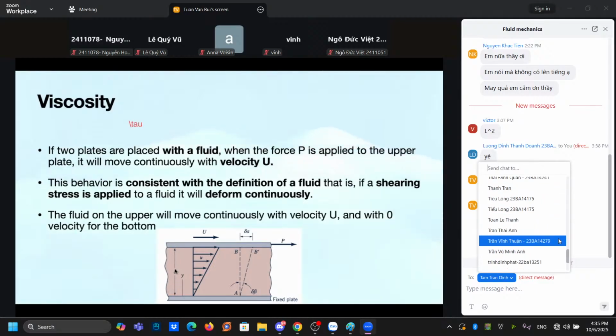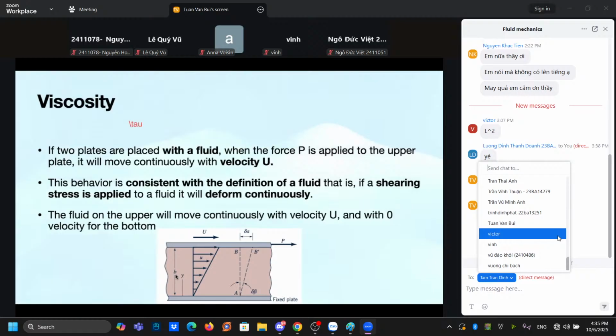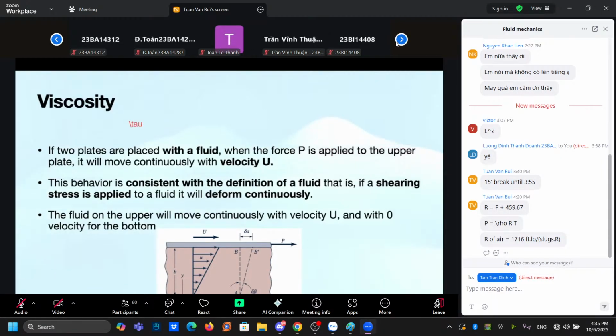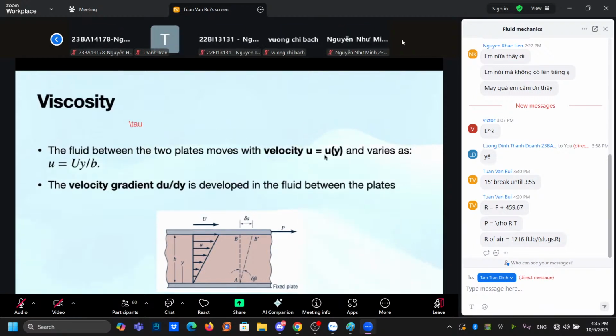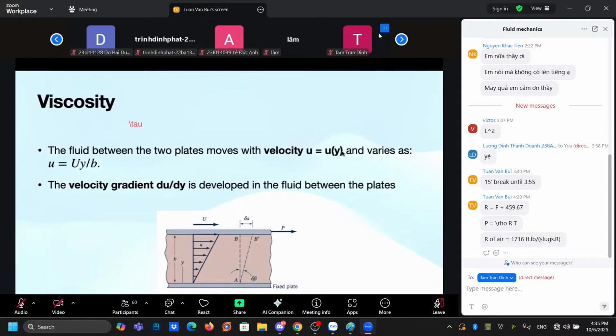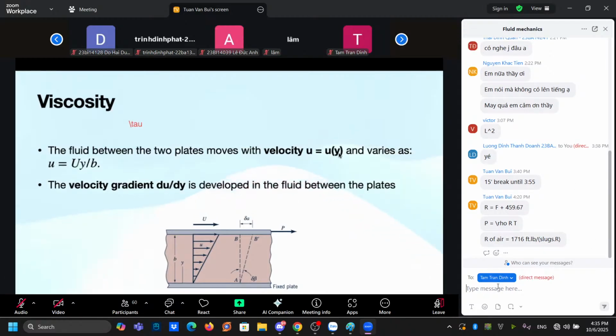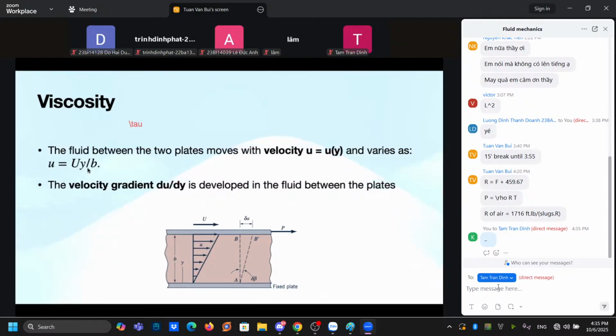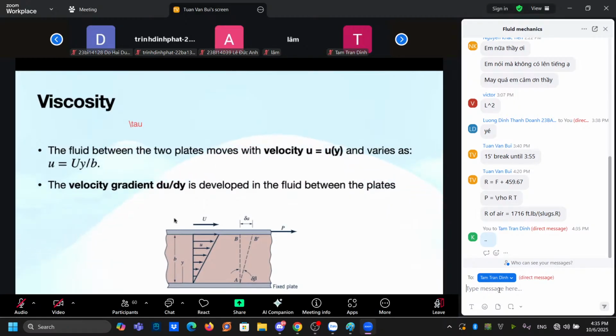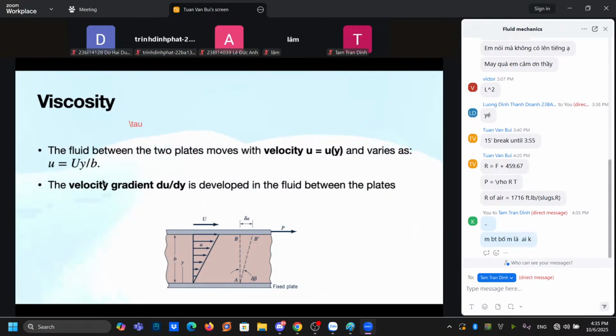The distance between the two plates is b, and the y axis is the vertical direction. Assume the fluid between the two plates moves with velocity u as a function of y, so u equals u multiplied by y divided by b, where b is the distance between the two plates. So we have a velocity gradient du over dy developed in the fluid between the plates. Okay.